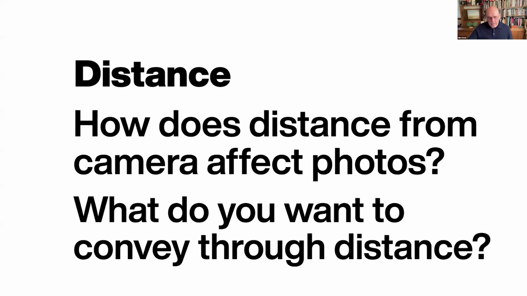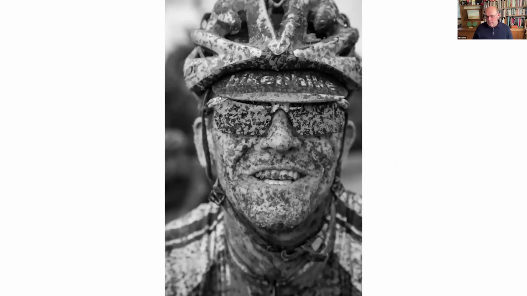And again, the question you should be asking is, what can I speak to by varying the distance, by determining here's where I need to start to make a photograph. Just an example, the goal was to photograph these cyclocross riders who often got just filthy. And this photograph was made with an 85 millimeter lens from 3-4 feet away. And it feels like, whoa, God, he's kind of caked in mud.